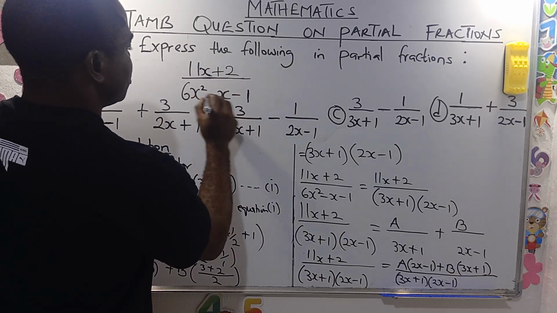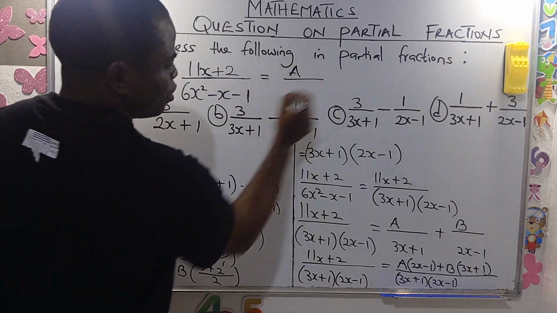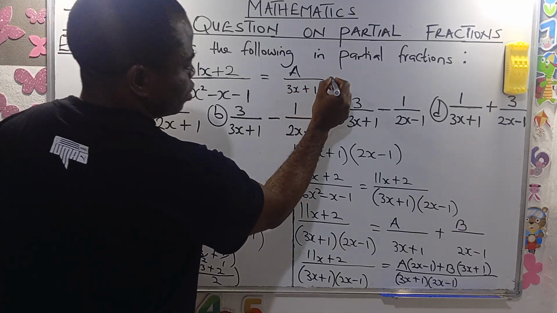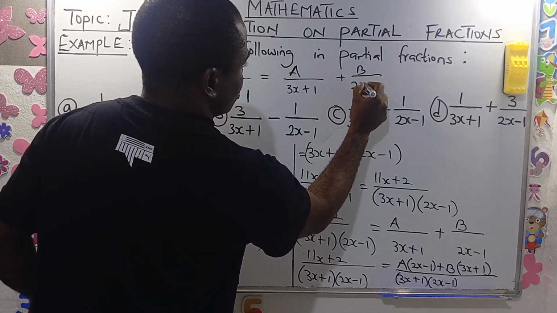We're having 11x plus 2 over 6x squared minus x minus 1 to be equal to A over 3x plus 1, plus B over 2x minus 1.